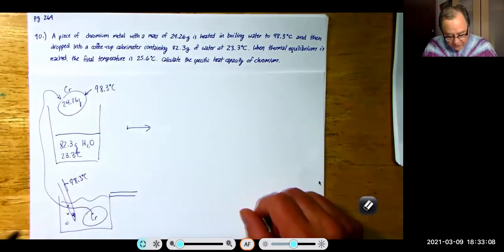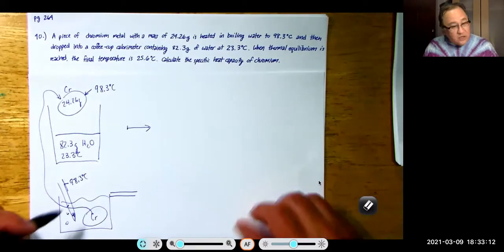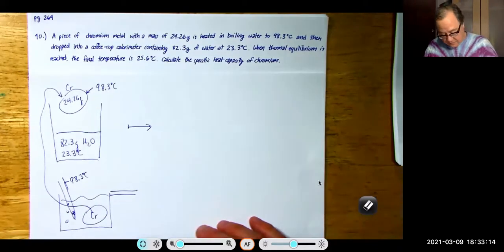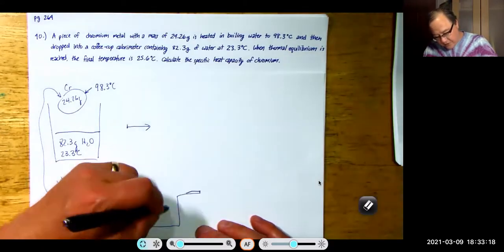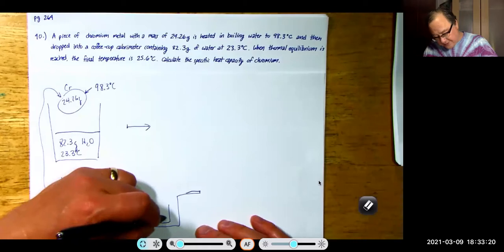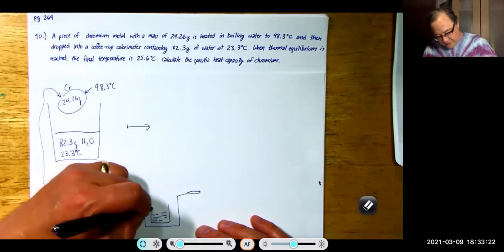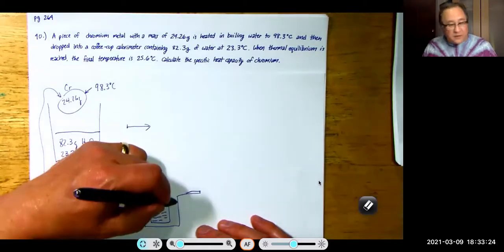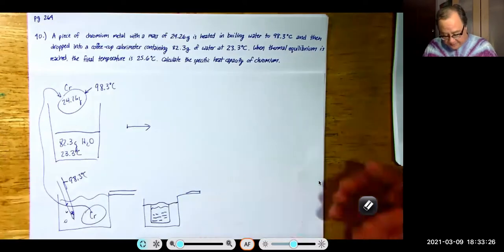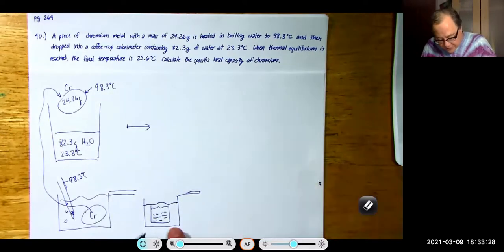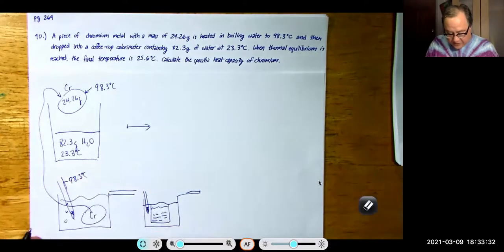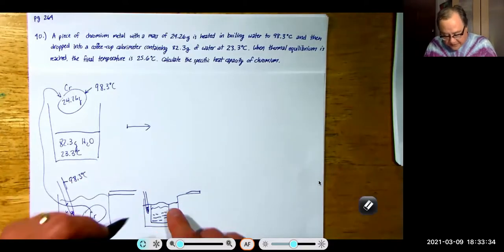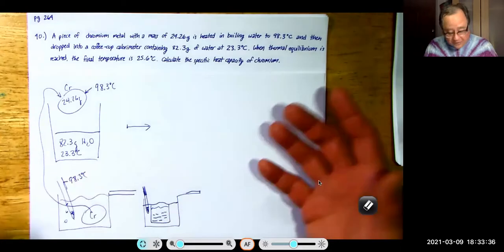Well, imagine if you had your pennies in a beaker. So here's your beaker, and here's all your pennies, and there's water in the beaker so you have good contact, and you measure the temperature of the water, and let's say you get the temperature up to close to 100 degrees Celsius.